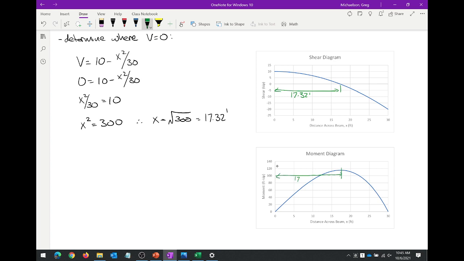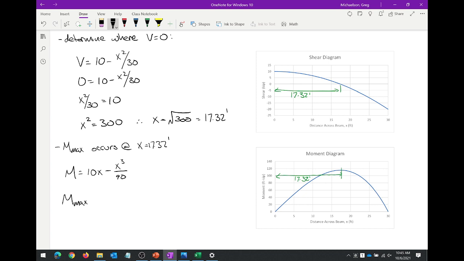So if I plug in 17.32 feet into this, it will tell me what the maximum moment is, right? So M max occurs at x equals 17.32 feet. So M is 10x minus x cubed over 90.